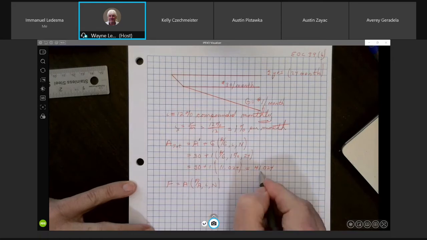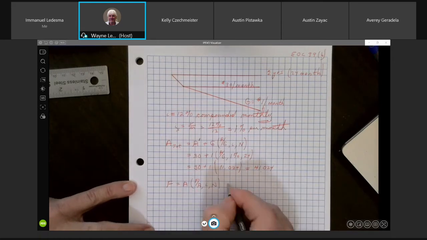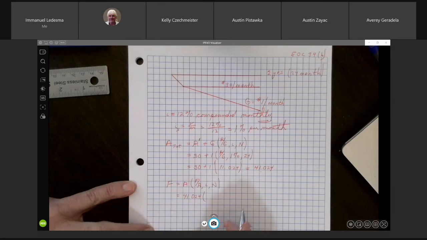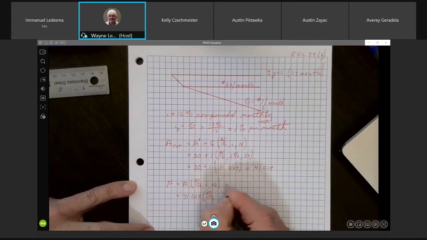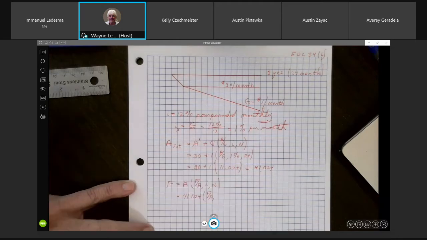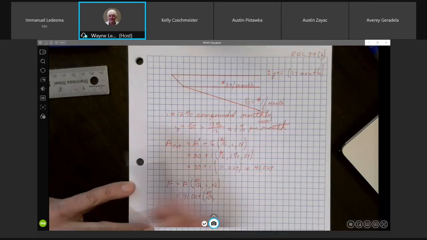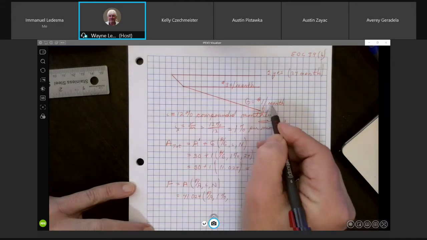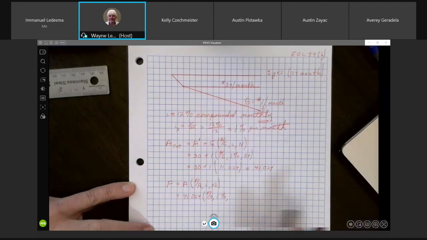So the annuity we just calculated in this case is going to be equal to 41.024. What is F? And this is notation stuff here. I is, I just need to check this, 12% compounded monthly as we calculated it up above. So it's going to be 1% because we're working at the monthly level. And the number of compounding periods, or the number of intervals, compounding intervals, is 24.